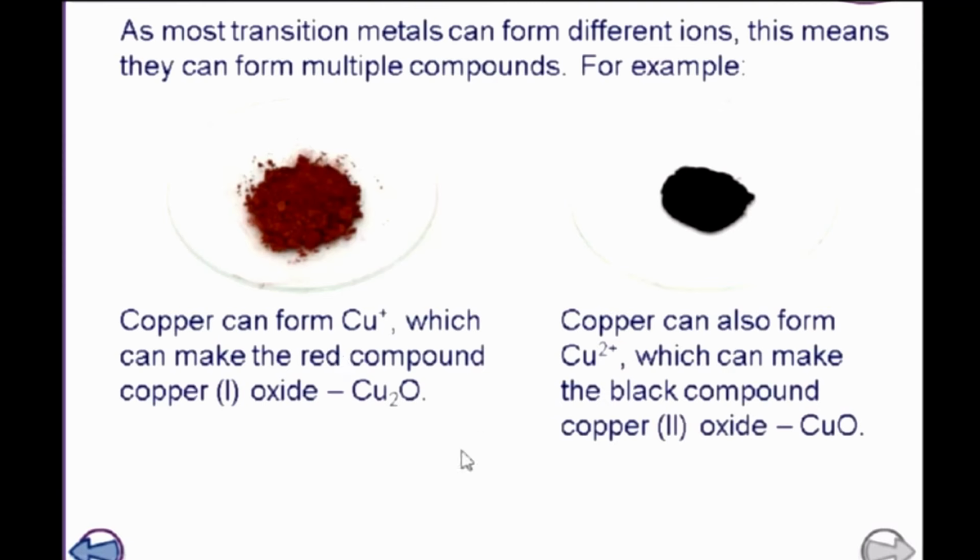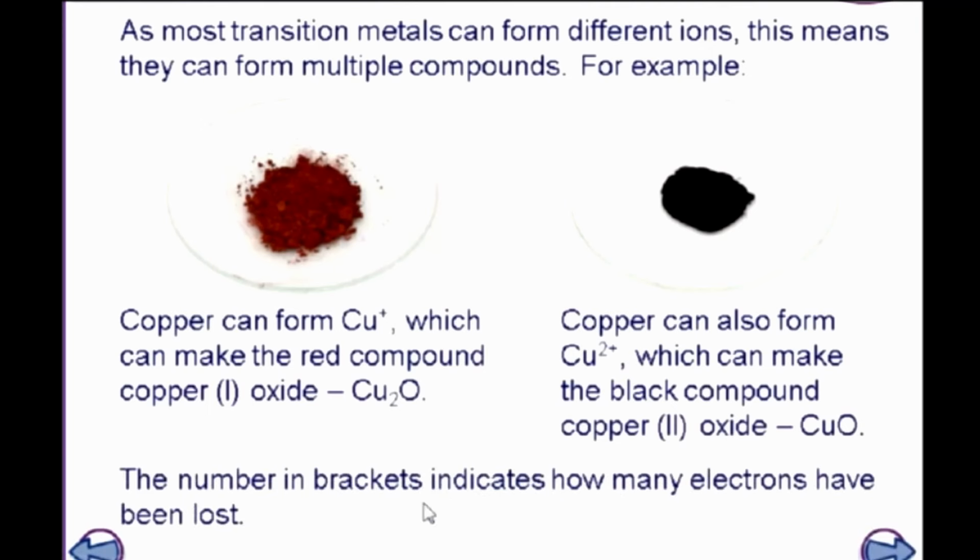Copper 1 oxide is Cu2O, a red compound, whereas copper 2 oxide will be CuO. So see the difference between them. The first one we call copper 1 oxide, and the second one we call copper 2 oxide. This is how the difference can be seen, because they have different variable valency. The number in the bracket indicates how many electrons have been lost.